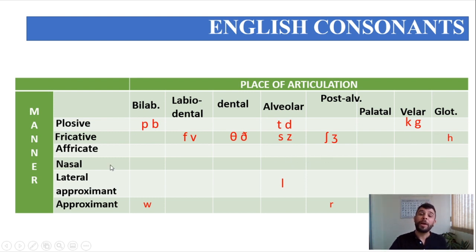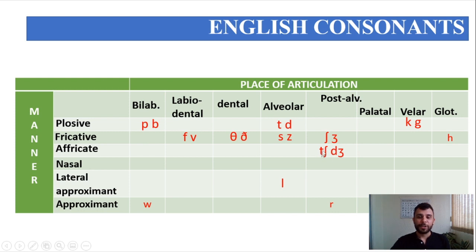And then we'll have what we call affricate sounds. You will have cha and ja. It looks as if you're doing two sounds at a time. The first sound is this sound here, ta, and then sha, cha.